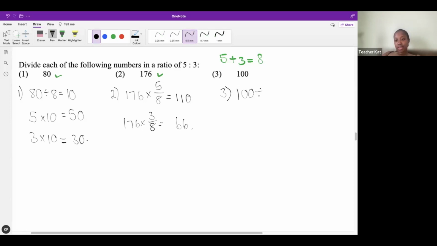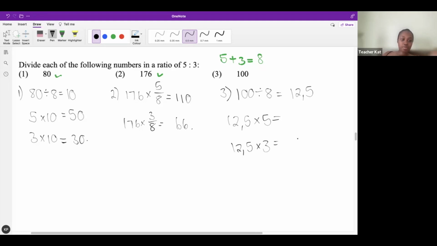100 divided by 8. What is 100 divided by 8? 100 divided by 8 is 12,5. That's true. Okay, now let's do our calculations. 12,5 times 5 and 12,5 times 3.